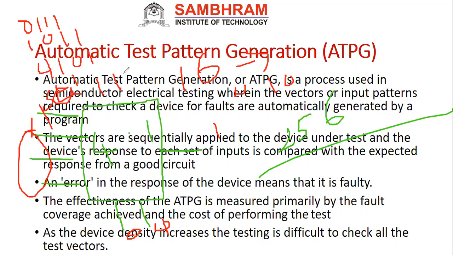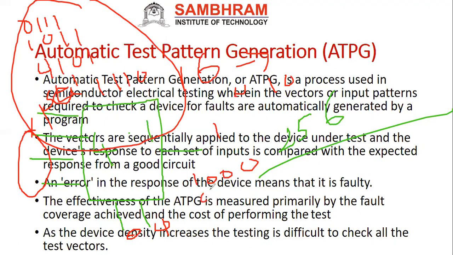Fourth test case is 1, 1, 1, 0. With this many test cases, if I use stuck at 0 or stuck at 1, then automatically the test case will change. In the sense, stuck at 1 means 1, 0, 0, 0. Next, 0, 1, 0, 0. See, it is like this. So only 4 vectors are sufficient.